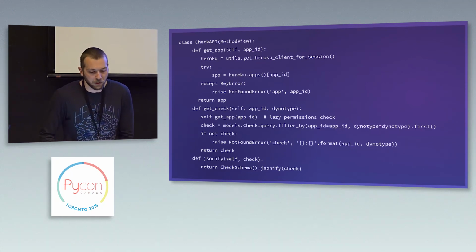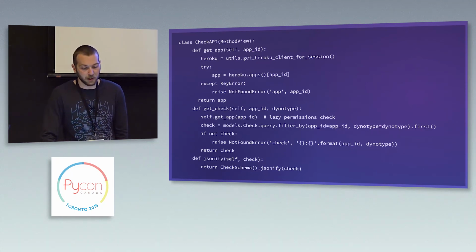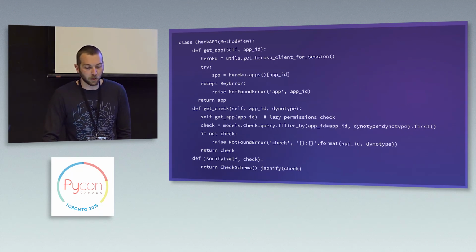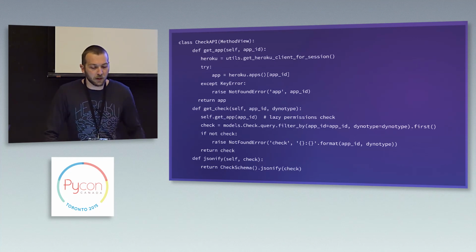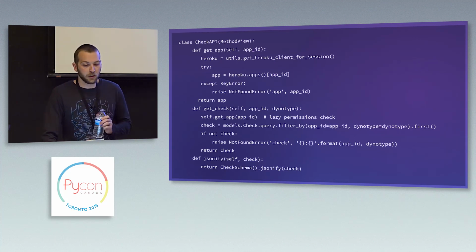So, onto the actual meat of the view. This is clearly for a check resource. We're going to follow a familiar Django pattern of having sort of get object type methods to do some of the work of finding what we're talking about. You can see we've used our custom not found error for when maybe the user put in a URL with an app ID that doesn't exist or a check that doesn't exist.